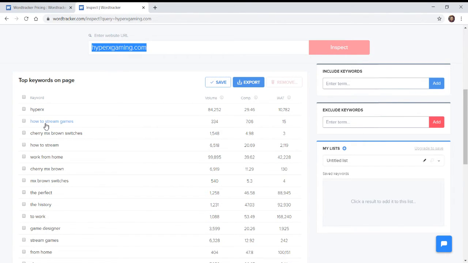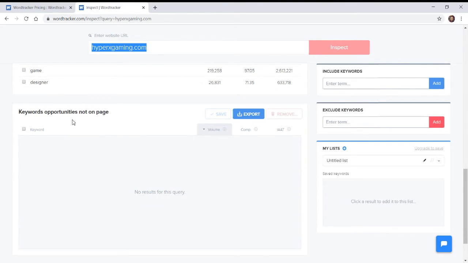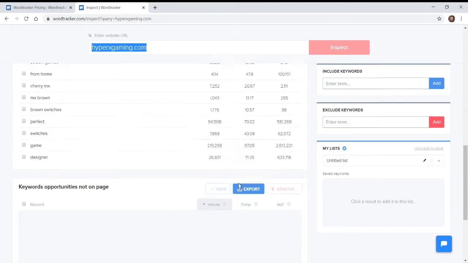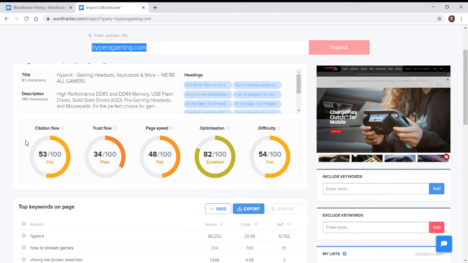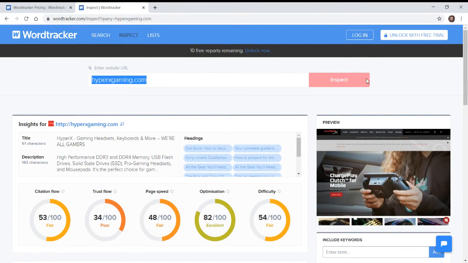HyperX, how to stream games. Cherry MX Brown switches. This is another category where you'll find quite a bit of difference between WordTracker and the other keyword tools. And then opportunities not on page, doesn't show us those. So that's really what you get here, is you get these little boxes, and then you get top keywords on page. So hopefully I'm not missing too much here with this site.